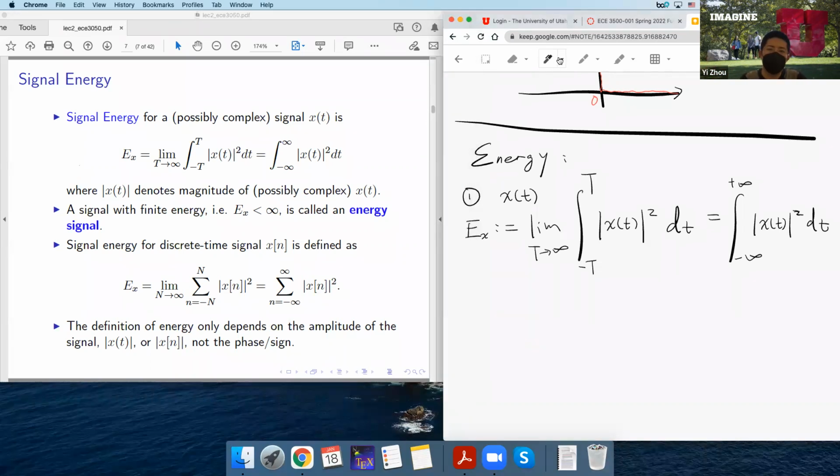So the critical part, I need to remind you that here we're looking at the magnitude of the signal to the power of 2. In general, x(t) is a complex signal, so it is a complex number. For complex numbers, we talked about the magnitude in the review lecture. So we can calculate its magnitude, and the magnitude is a real number. So you can raise that real number to the power of 2 and do this integration.